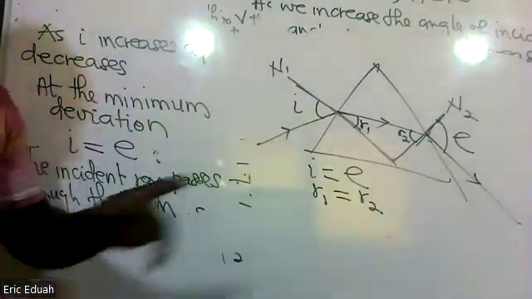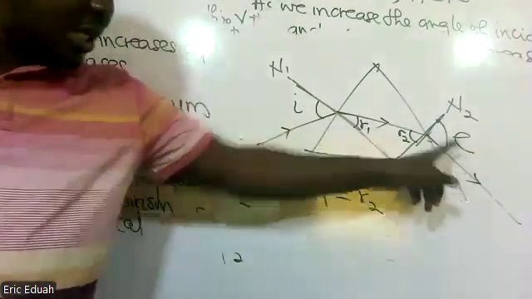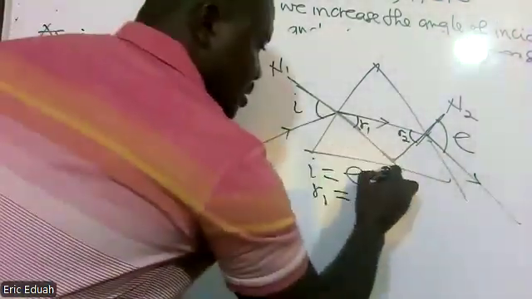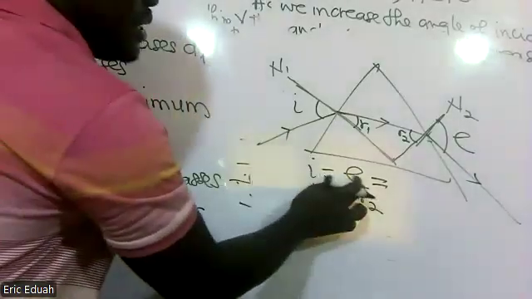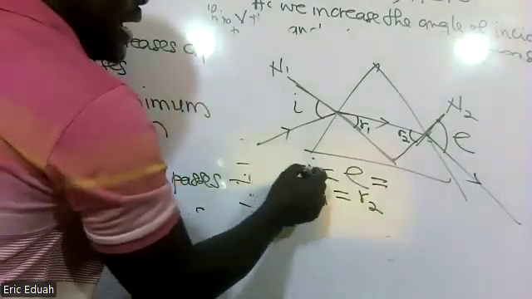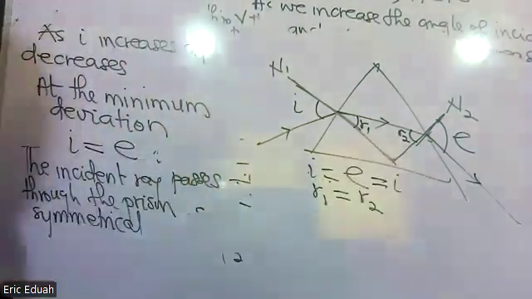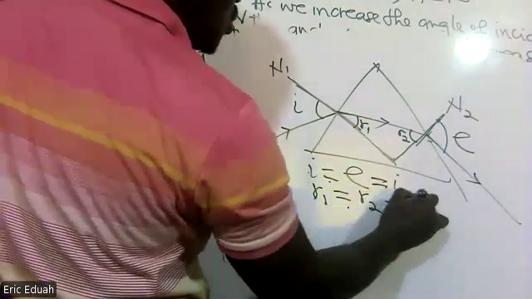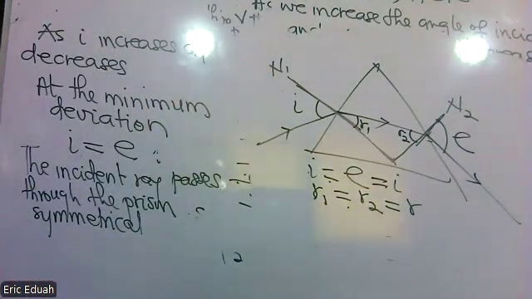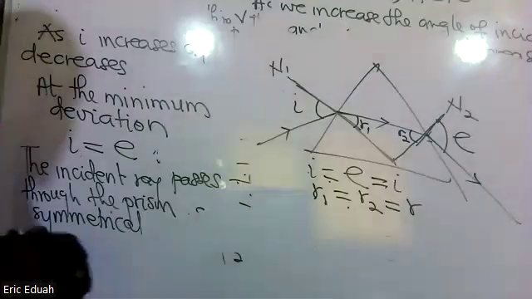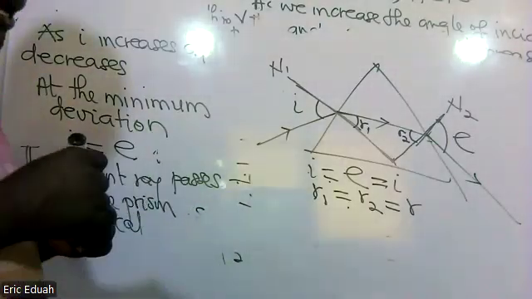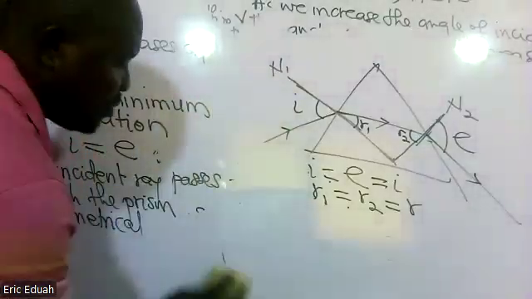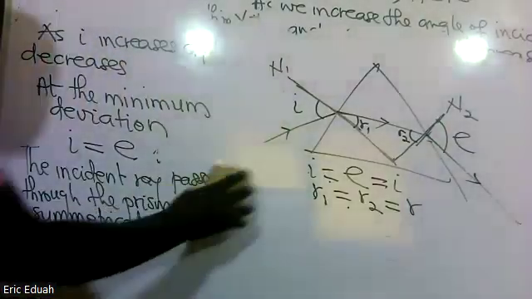So at the minimum deviation, I is equal to E, R1 is equal to R2, meaning that they will not be different. I will not be different from E. So I is equal to E, and they are all equal to just I, angle of incidence. R1 is equal to R2, and they are all equal to one angle of refraction. Now, if this is what happens, then the earlier equations will change. The earlier formula or relations we derived would also change.